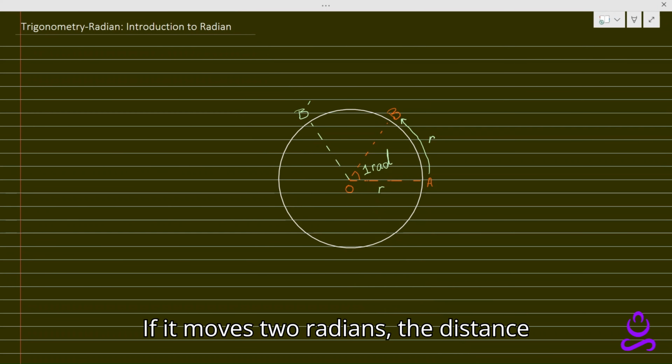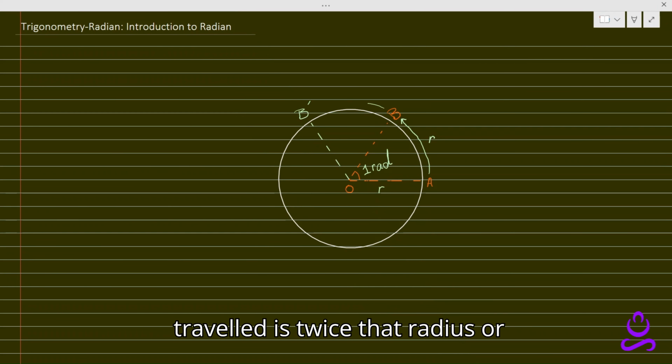If it moves 2 radians, the distance traveled is twice that radius or equal to the diameter of the circle.